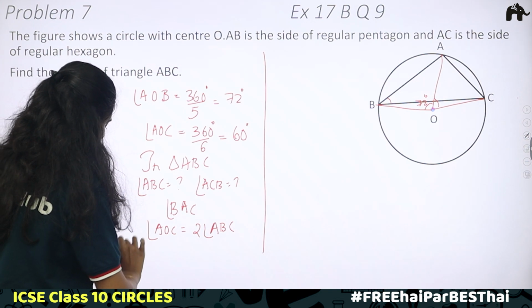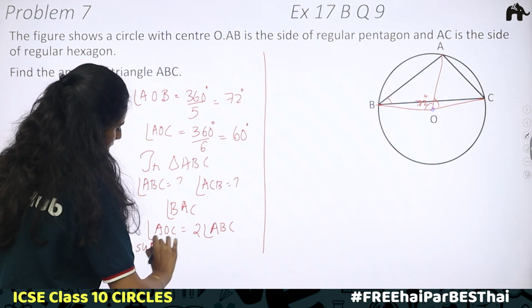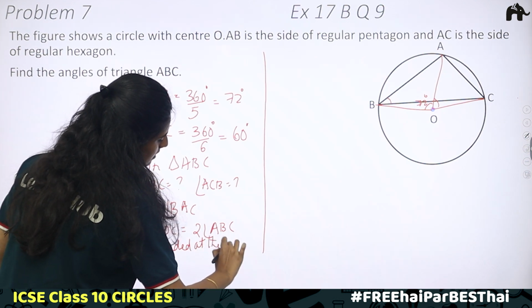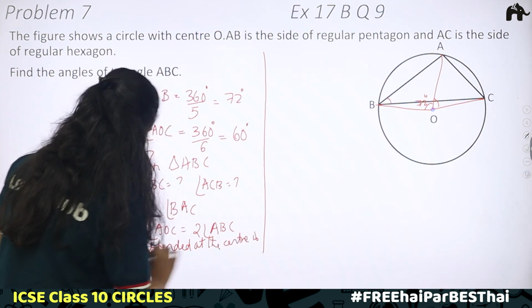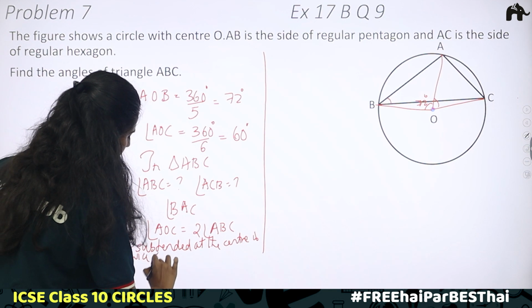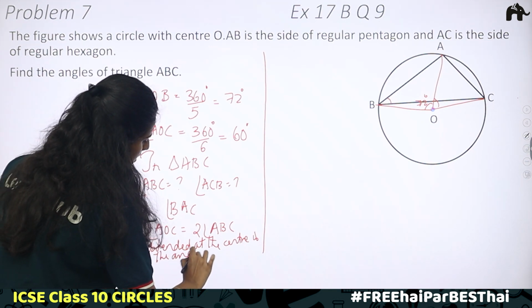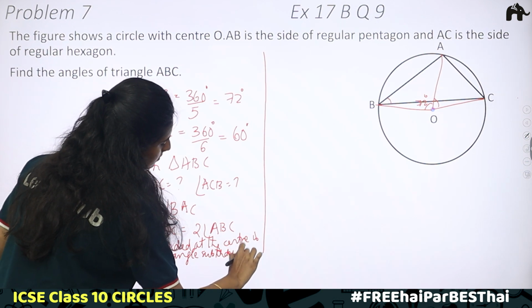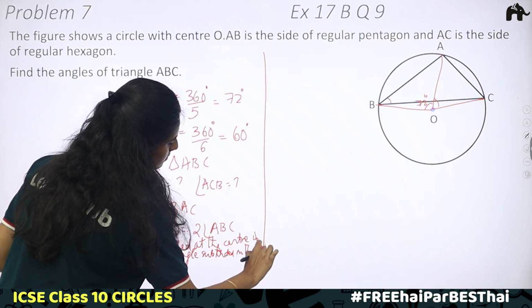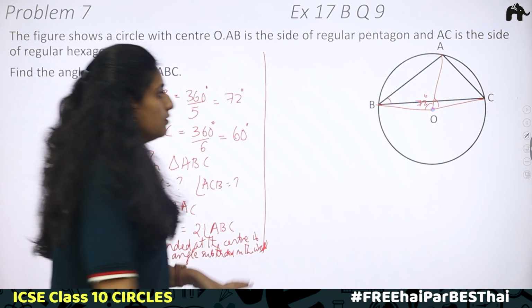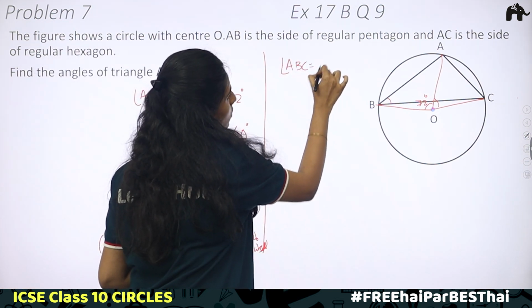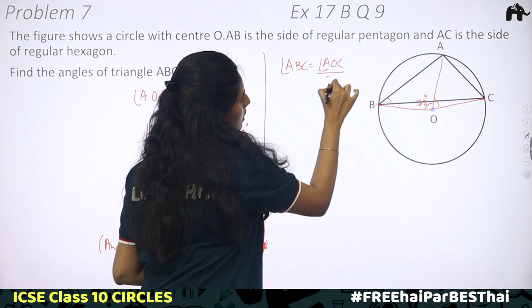Angle subtended at the center is twice the angle subtended on the circumference of the circle. Therefore, angle ABC is equal to angle AOC divided by 2.